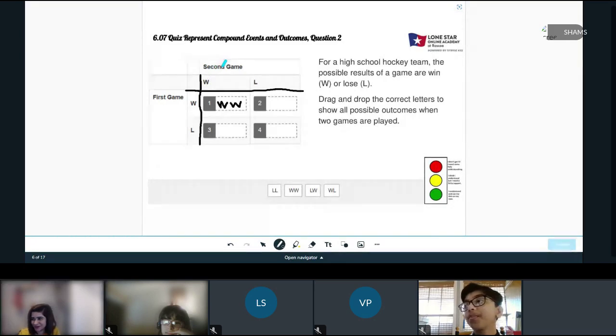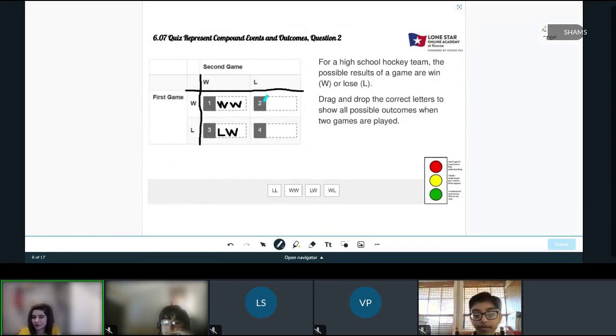Then you see here in box 3, the first game is letter L. Lose. Go up, find the second letter. Second letter is win. So first game they lose, second game they win. Very good. Lily, good. Joycelyn, excellent. This is how you read it.